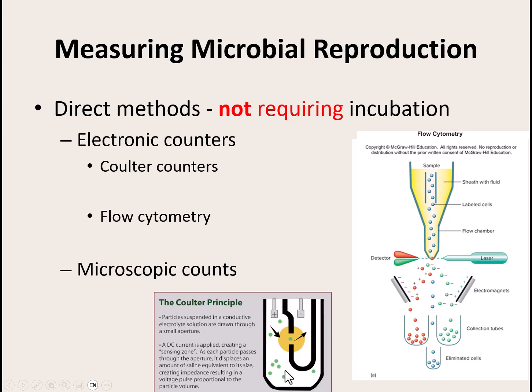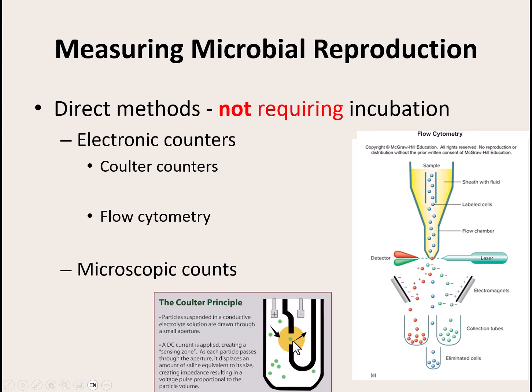It can measure any time a bacteria passes through that space because it's disrupting the electrical flow. As a bacteria goes through that little space, it disrupts the electrical flow, the machine counts it as 1, and it can make a pretty good estimate of how many bacteria are in a tube.